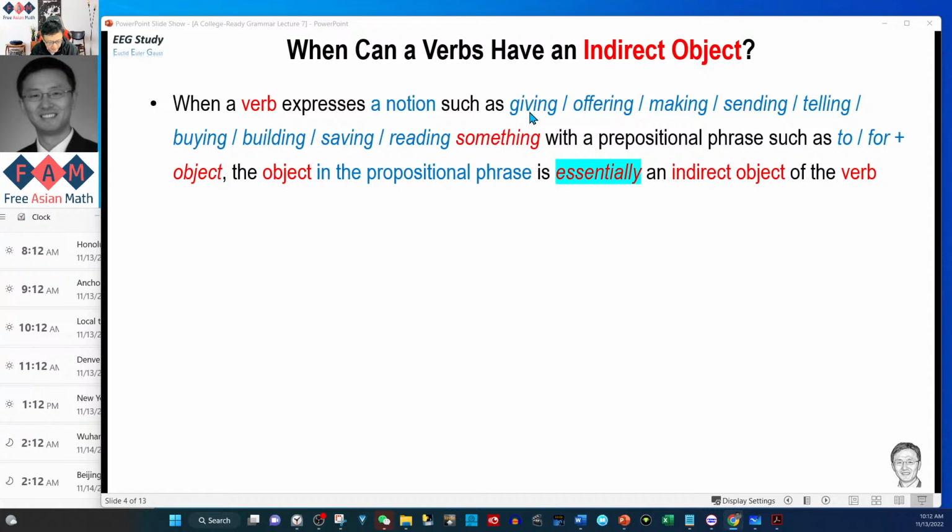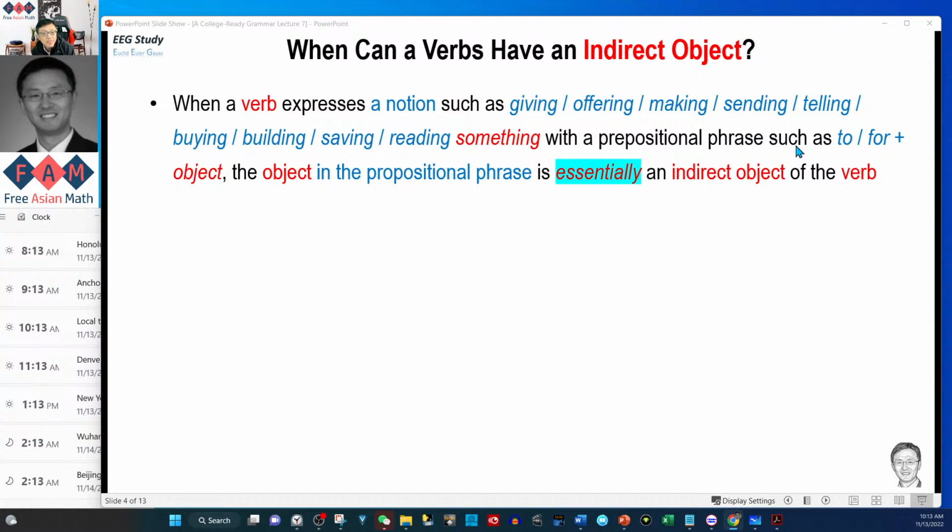Okay, so telling, buying, building, all those things. The list cannot be exhausted, but you get the idea, you get the feeling of what kind of actions require such a second object. So when you have a prepositional phrase for such an indirect object, and this is a very good rule, in almost all cases, you will have either to or for.